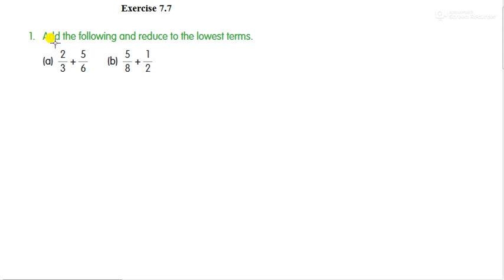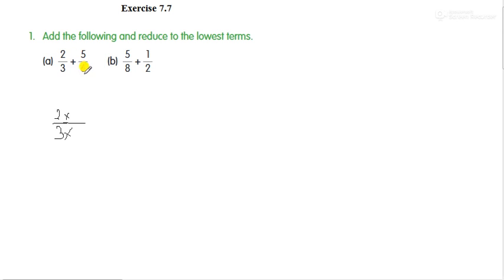7.7. First bit is add the following and reduce to the lowest term. Here 2 by 3 plus 5 by 6. So here the denominators are different. So what we have to do here? So we have to make the denominator same. Wait a second.